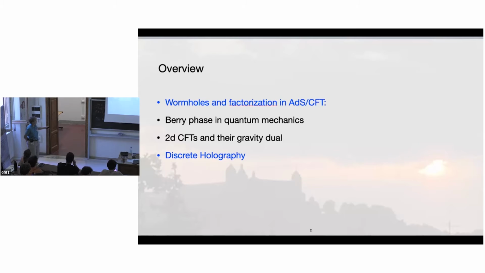And then I move and show you some very nice relations between the geometry and entanglement relation that happens here to the case in one dimension higher, which is two-dimensional CFTs and their gravity dual. And so the last third of the talk, I'm going to talk about something slightly different, which is discrete holography, which we've also been working on quite a bit recently.